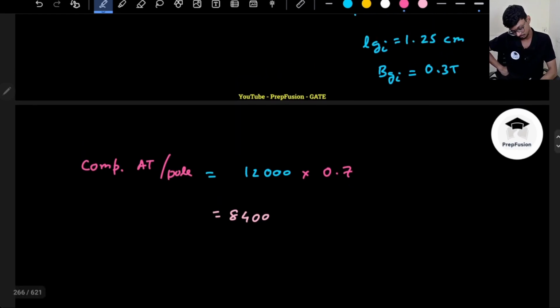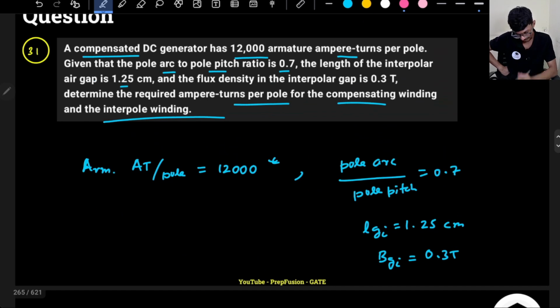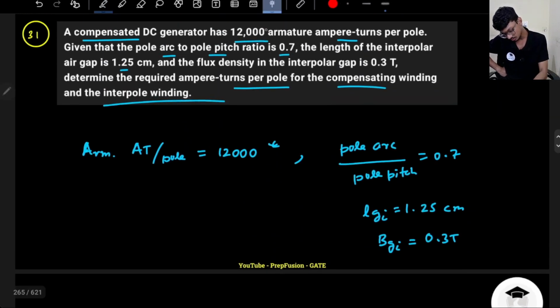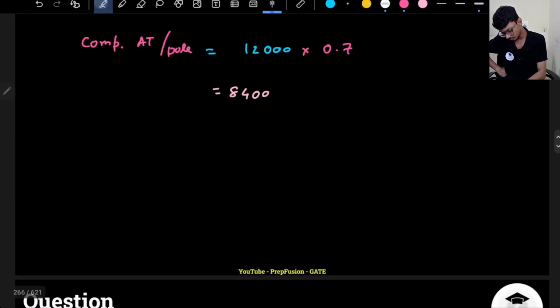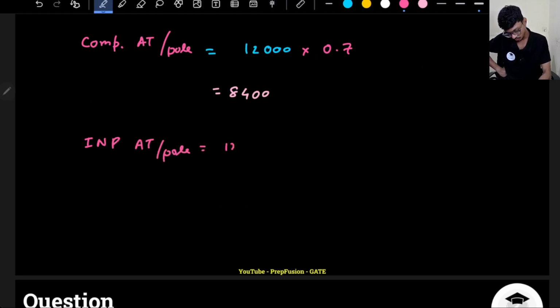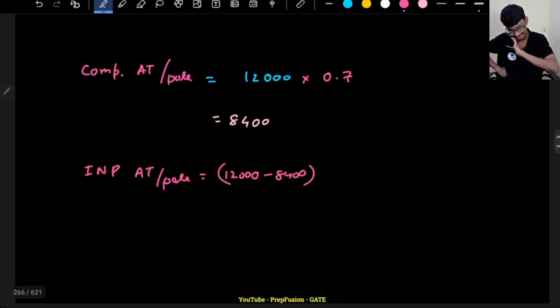Now how much will the interpole winding compensate? The interpole winding will compensate the rest of the ampere turns, whatever is left. So the interpole winding ampere turns per pole will be basically 12,000 minus the 8,400 that the compensating winding has compensated, plus the interpolar region.